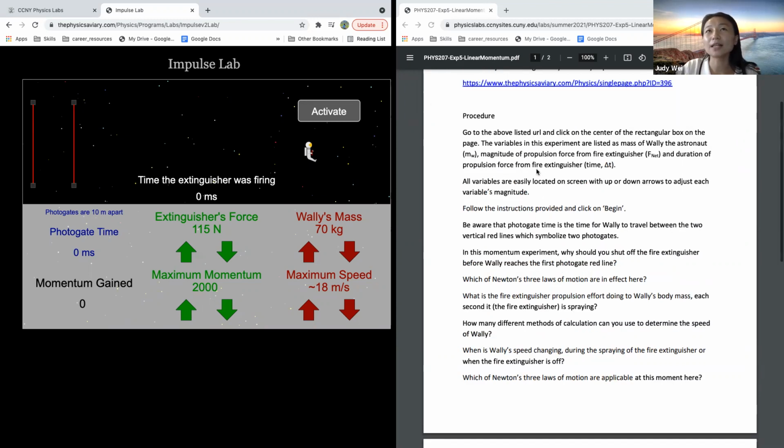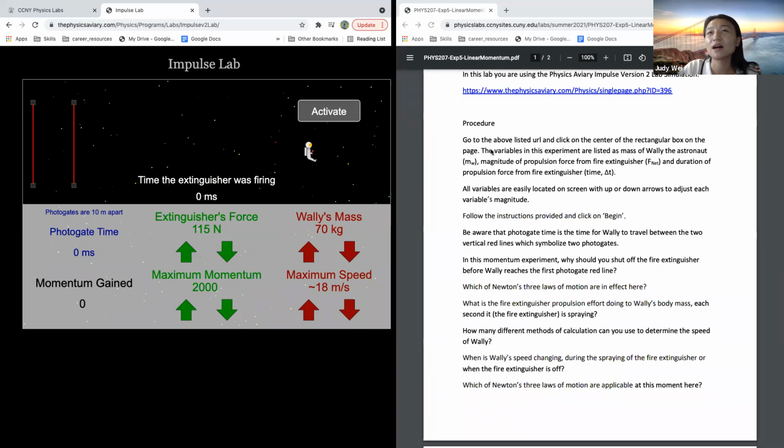Okay, let's go from the beginning. We start this URL and click on the center rectangular box. So basically, we start this impulse lab. The three variables are the time the extinguisher was firing, the extinguisher's force, and Wiley's mass.